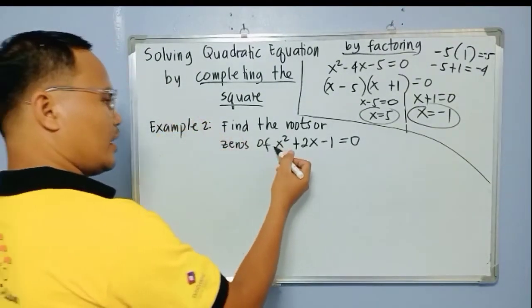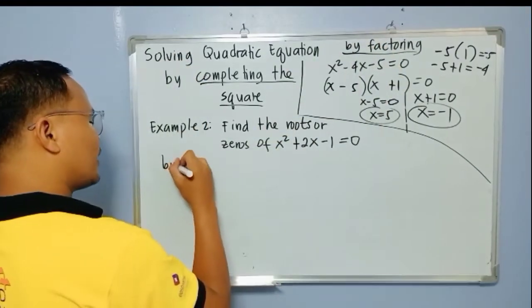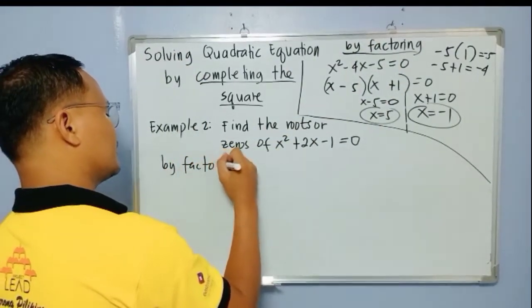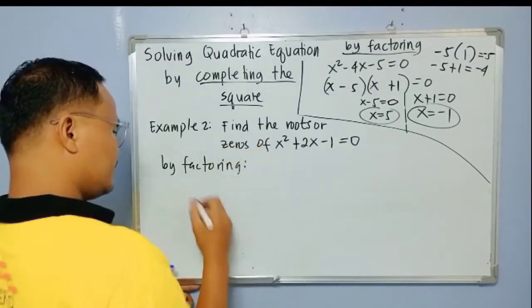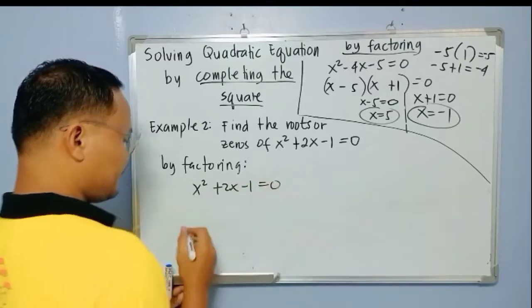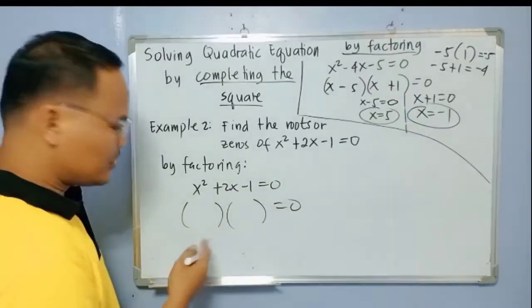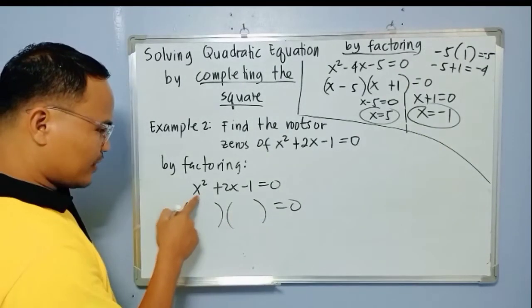Now, if we are going to use factoring, x squared plus 2x minus 1 equals 0. Make two parentheses here. Then factor out the first term.